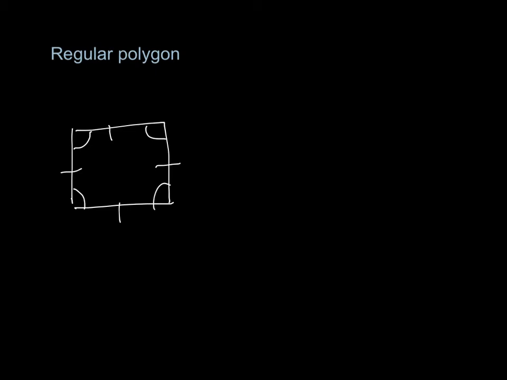So in this case of a regular polygon, you don't need to be given any information other than the shape, right? You don't need any numbers. Because if you have a square, and it wants you to, well, let's not do a square. Let's do a regular hexagon, okay?